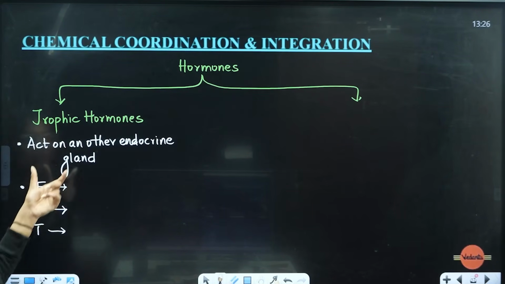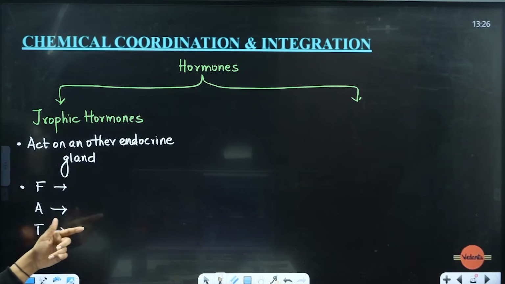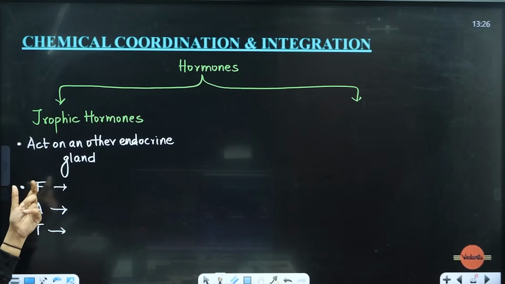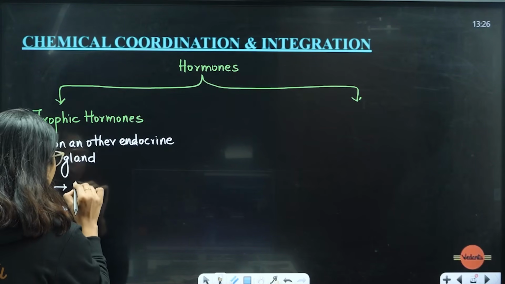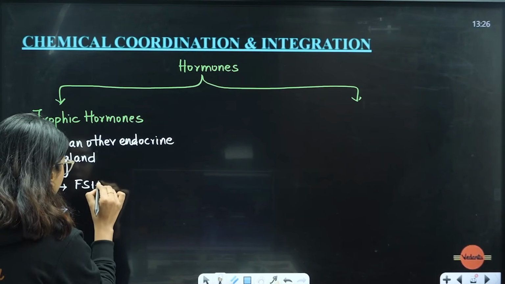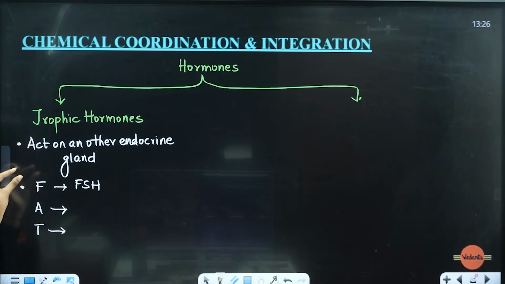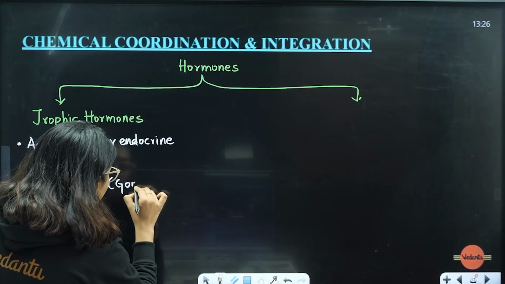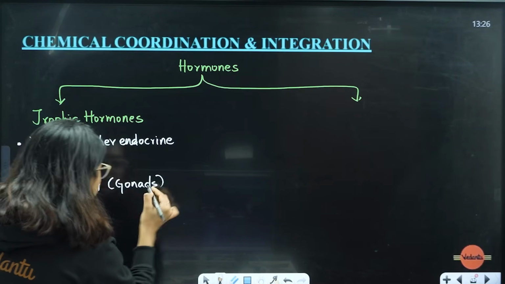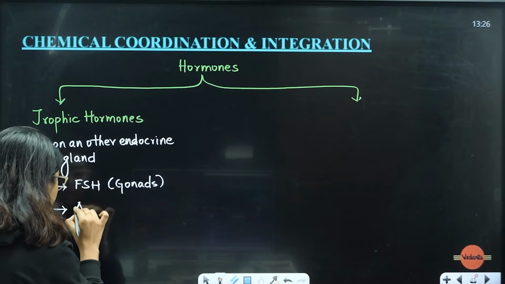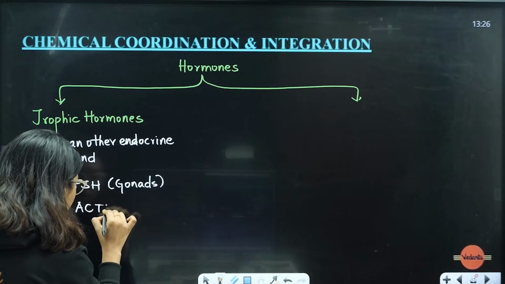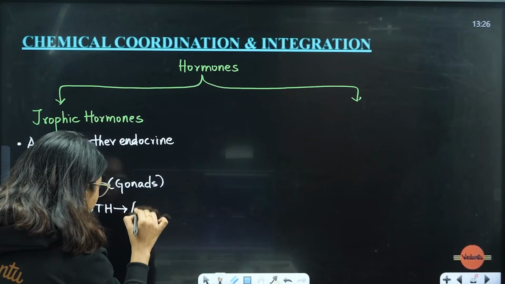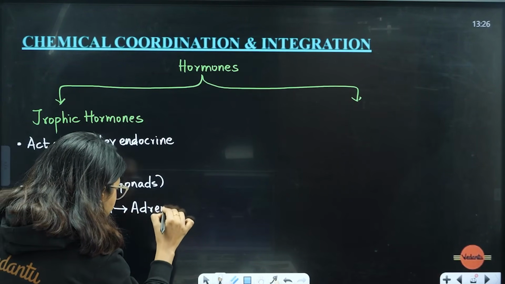So here, remember, these are going to attack another endocrine gland. Here you can remember your gonads, like your FSH. FSH and LH are also there, but the letters will become too much, so I am not adding them here. Then we have your ACTH, which is going to stimulate your adrenal cortex.